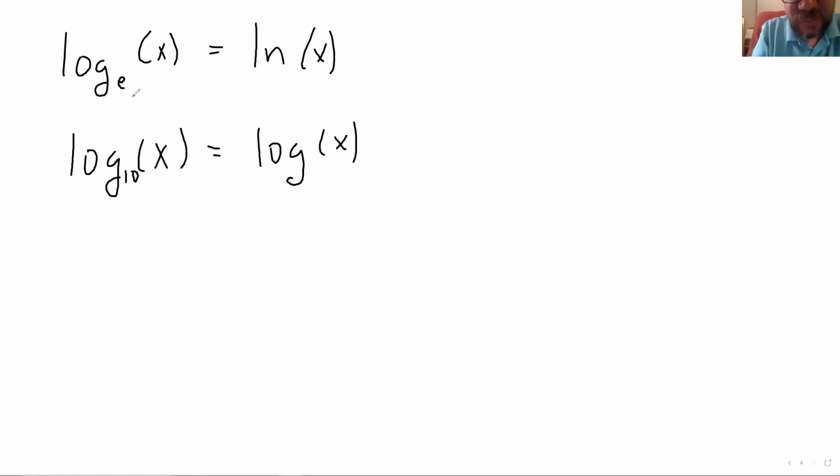Sorry. So ln of x is the inverse of e to the x. Log of x is the inverse of 10 to the x. Because that's what logs are, right? They're just the inverses of exponentials.